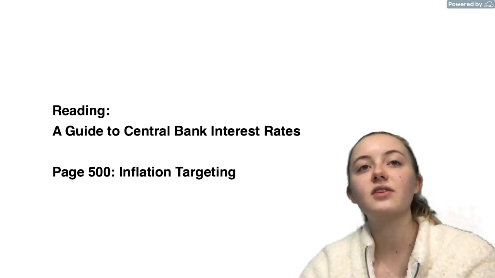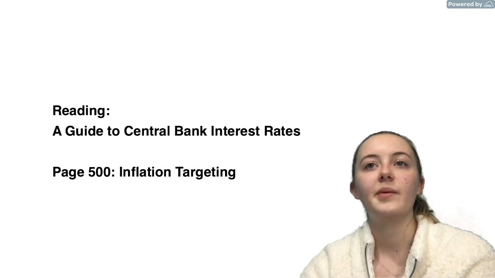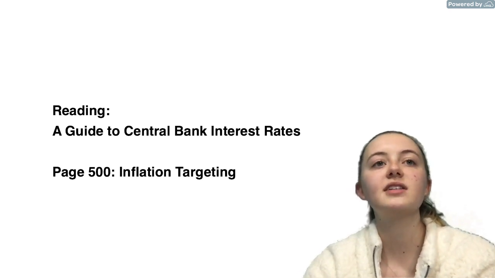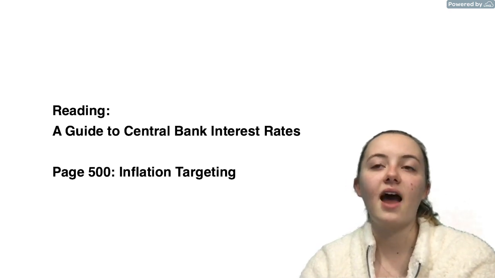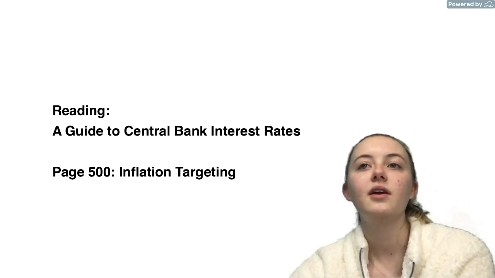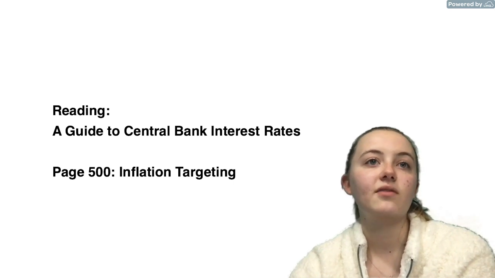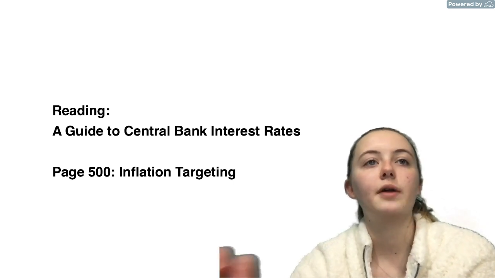Because transparency is a crucial part of inflation targeting, the Bank of England releases the interest rate decisions of the MPC, along with minutes of its meetings, the day after they conclude, and publishes quarterly forecasts of inflation in its Inflation Report.